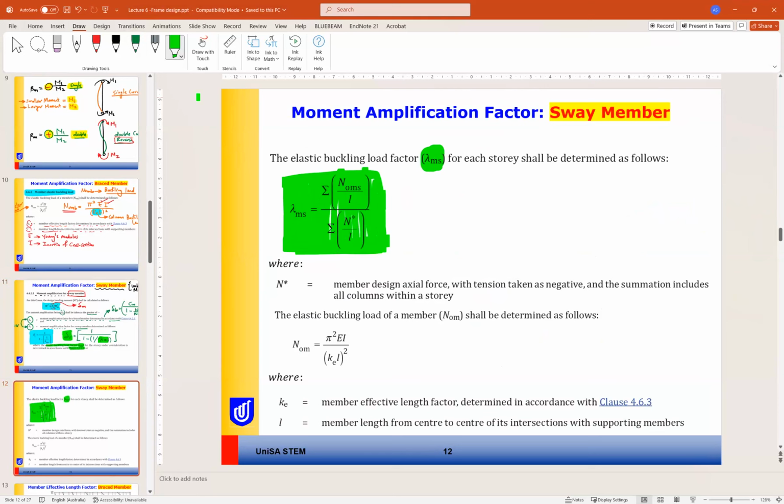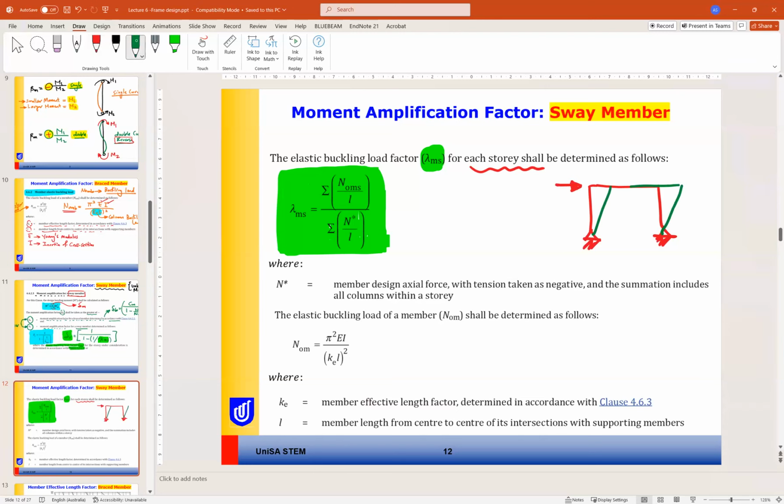This is the next slide. As you can see, lambda ms is not for one column. It is for each story, not for a column. So if you have a frame under sway, we are not considering one column, we are considering one column, two columns.